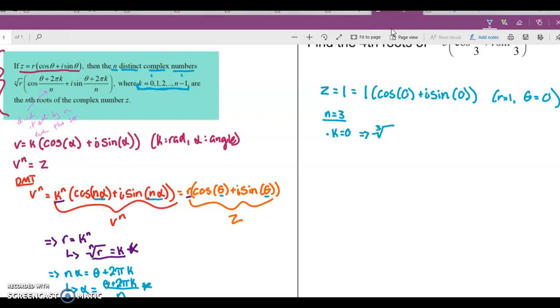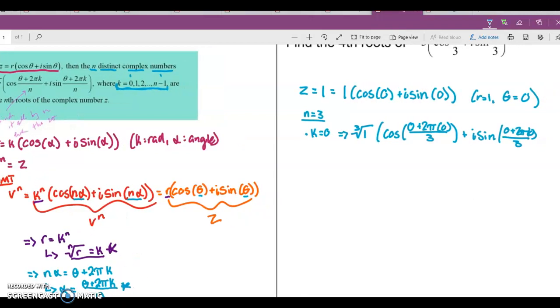We take the cube root of 1 times the cosine of theta, which is 0, plus 2 pi times k, where k equals 0, all divided by n, which is 3, plus I times sine of that same whole expression, 0 plus 2 pi times 0 all over 3.